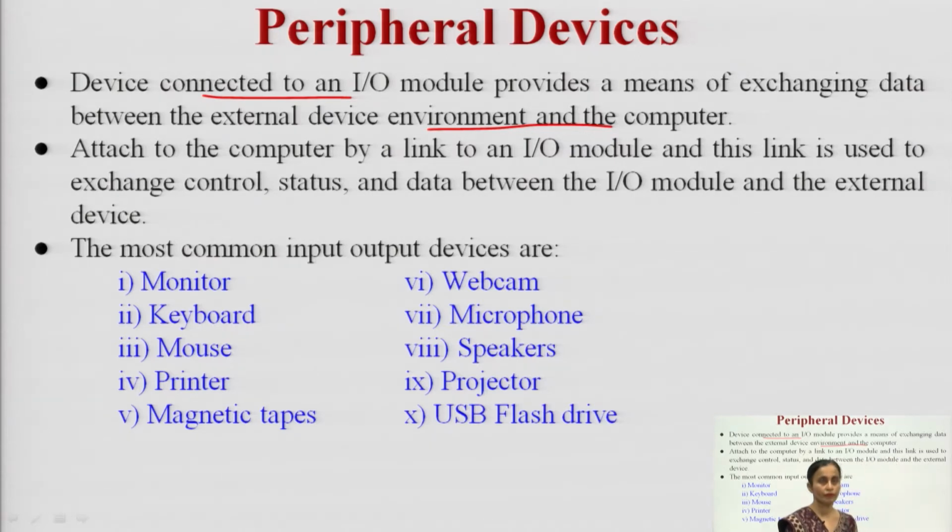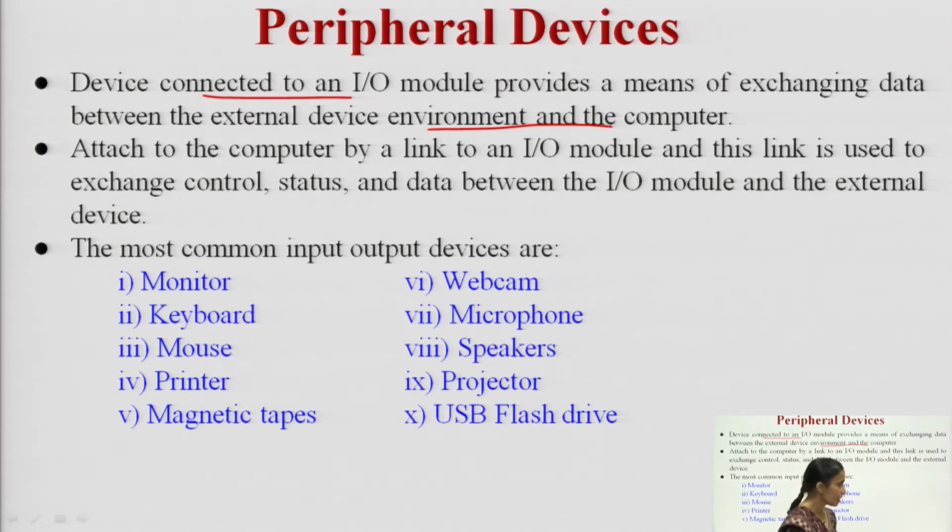Similarly, with the mouse we can perform drag and drop, and with the webcam we can give an image to our CPU. So all these different devices are connected to the CPU so that information can be exchanged and given to the CPU, so that it can be processed.